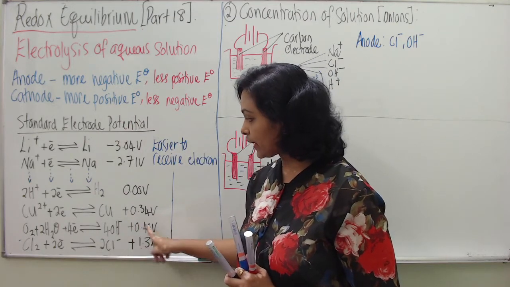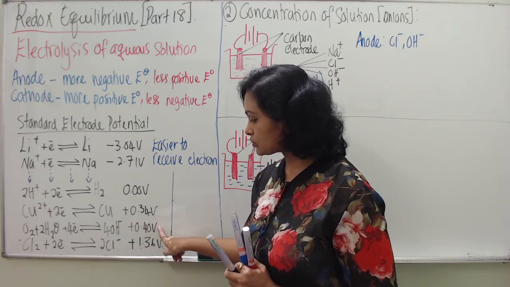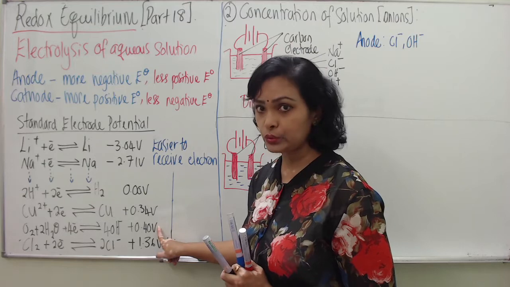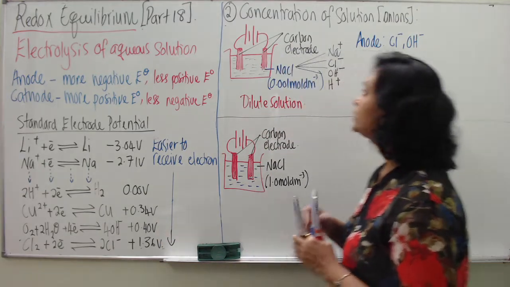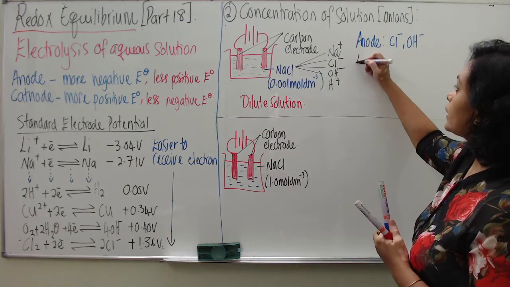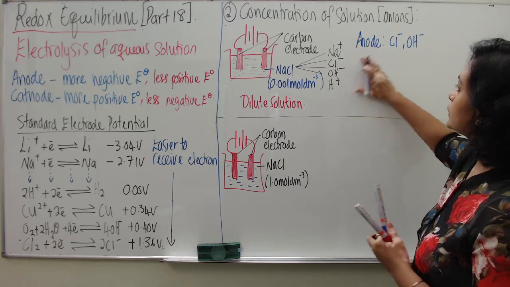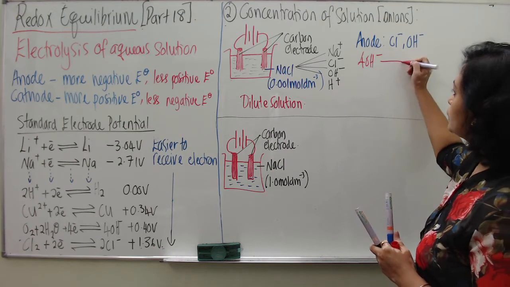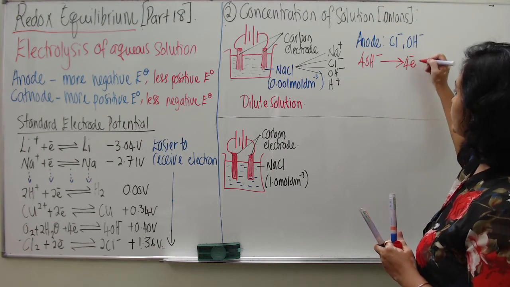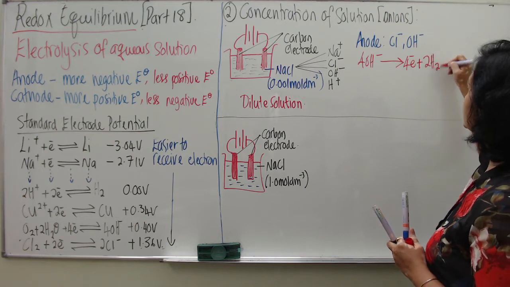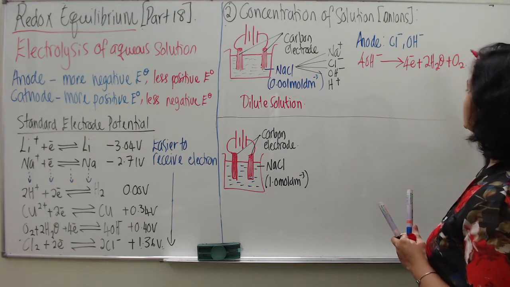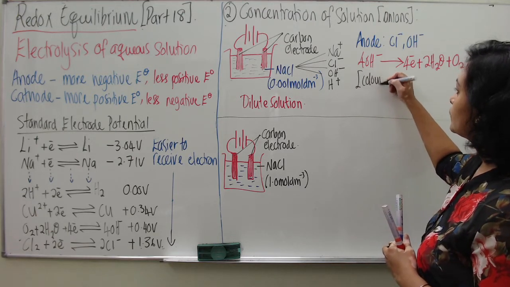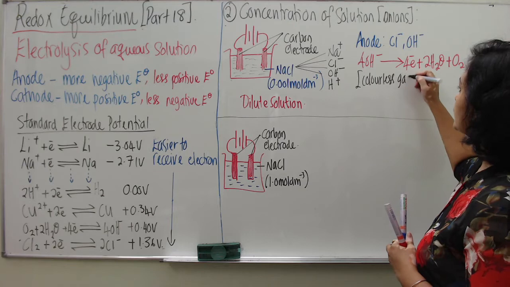Can we see that hydroxide has a lesser positive E0 value? So that is the reason why we choose hydroxide. Hydroxide ion will donate 4 electrons to become water and oxygen. So students can find colorless gas bubbles.